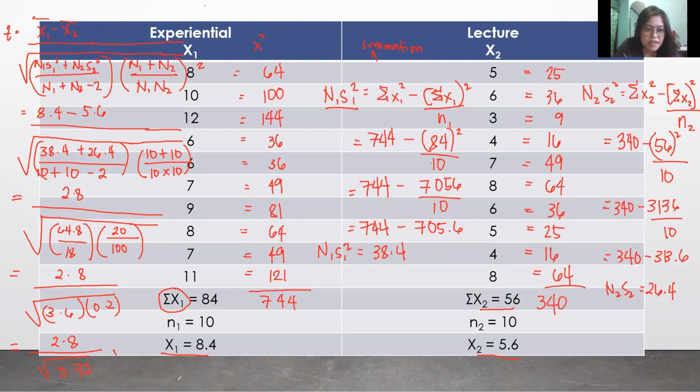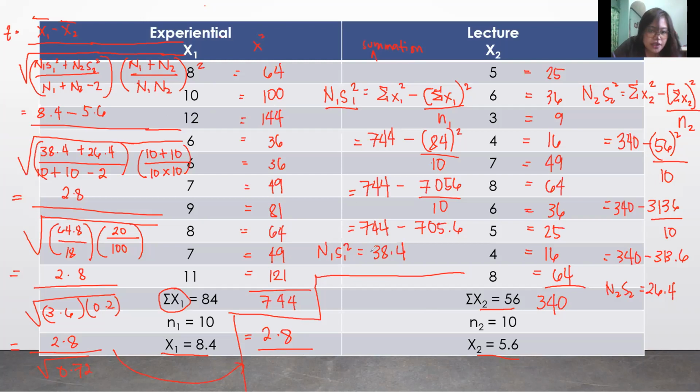Nahurot na akong space, class. Dili ta magpadayon. Okay? So 2.8 now divided by the square root of, dili na, ay. Kay square root na nato siya. Tanggalon nato ni. Okay. So what is the square root of 0.72?